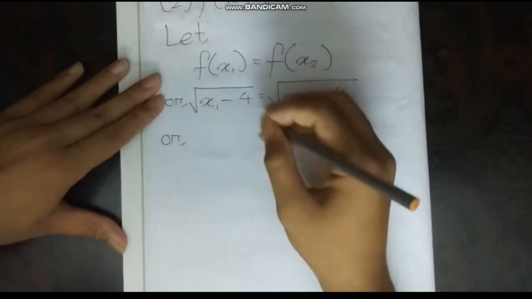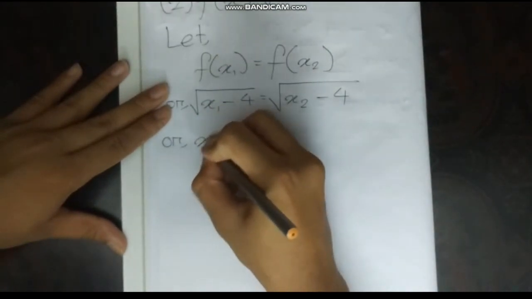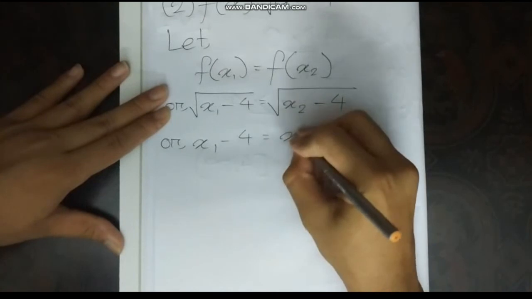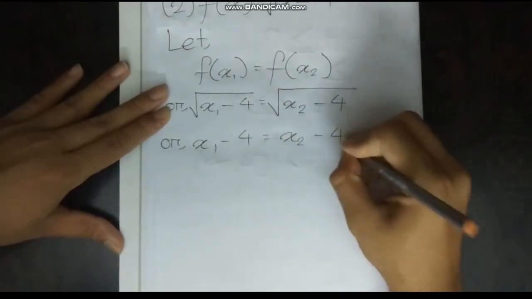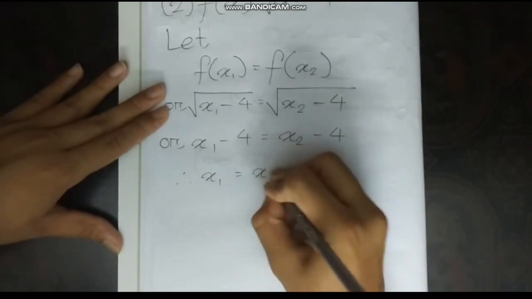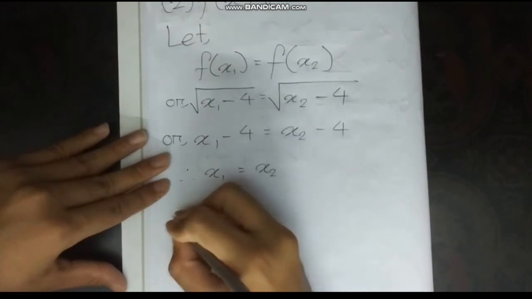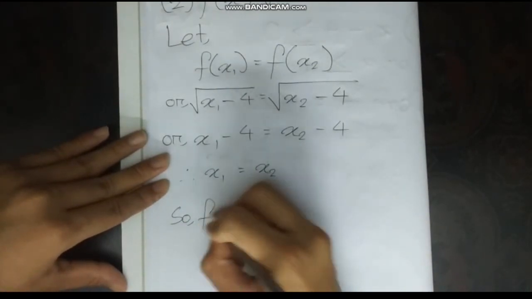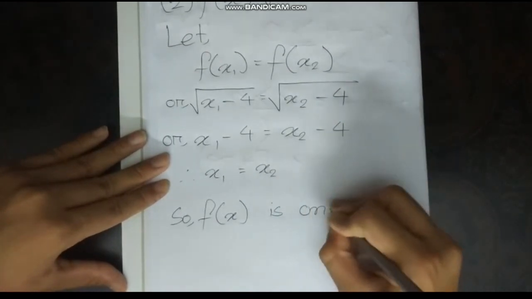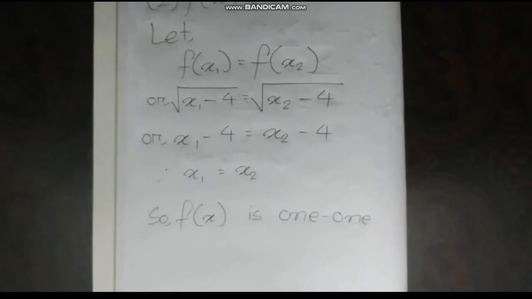Squaring both sides, x sub 1 minus 4 is equal to x sub 2 minus 4. Therefore, x sub 1 is equal to x sub 2 if we add 4 to both sides. So f of x is one-one.